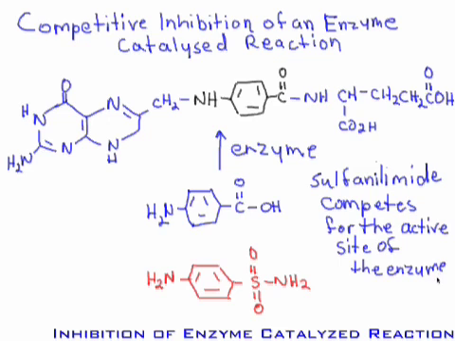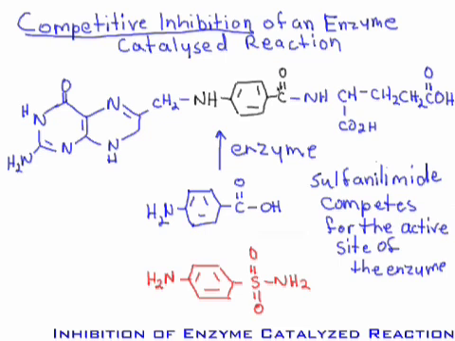Because it competes for the active site of the enzyme, the sulfanilamide bound to the enzyme can't pick up the PABA, it can't make the folic acid, the bacteria die. The sulfanilamide is competing and inhibiting the reaction of the enzyme, just as in the title. Competitive inhibition. The effect is called competitive inhibition of an enzyme catalyzed reaction.